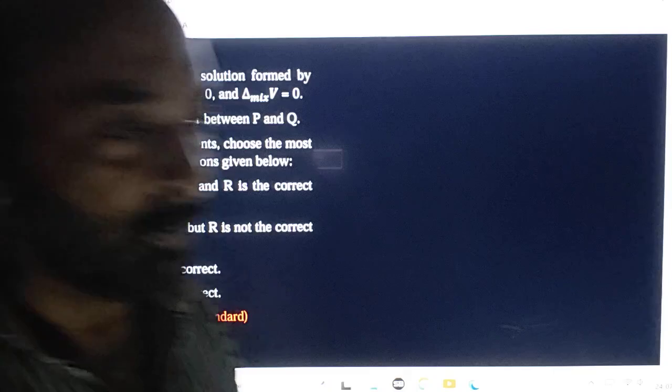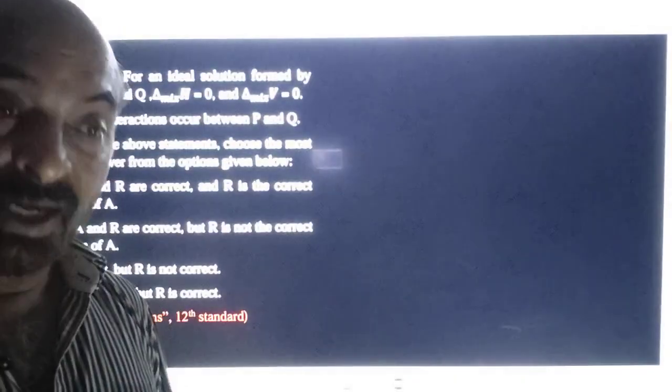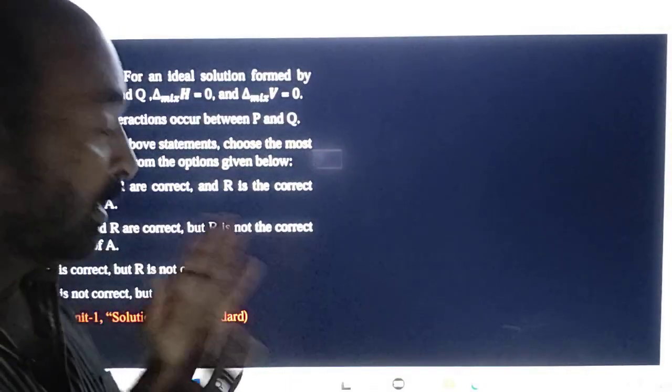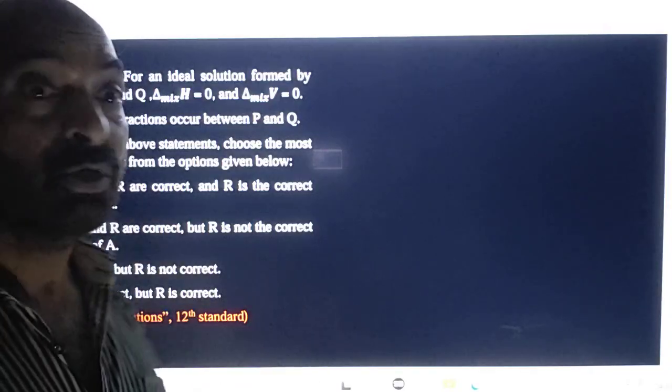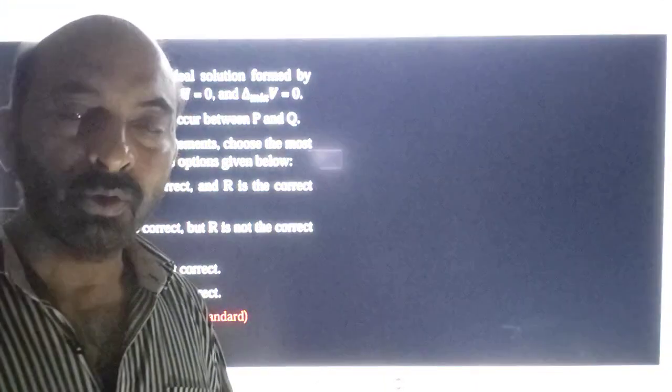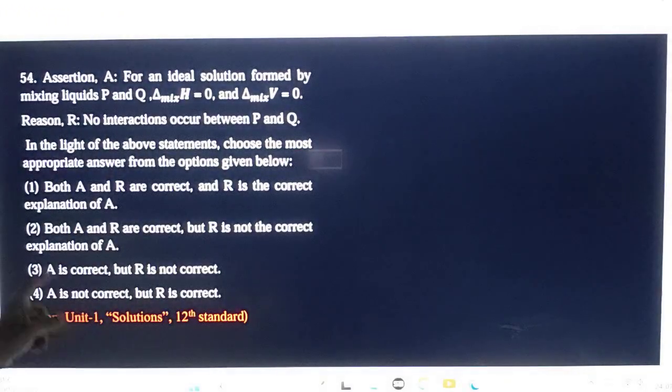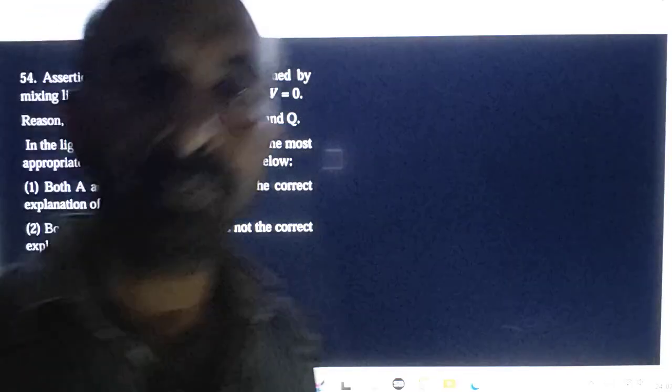The reason should have been that the total interaction effect does not change. That is the actual reason. So the given reason, that there is no interaction at all between P and Q, is wrong. The answer is: assertion correct, reason wrong. Option 3. A is correct, but R is not. Hope you understood that.